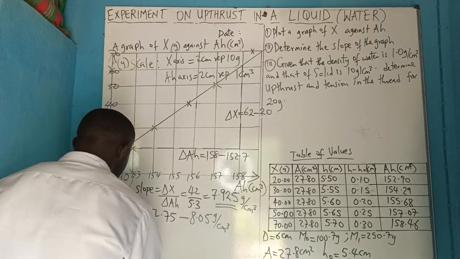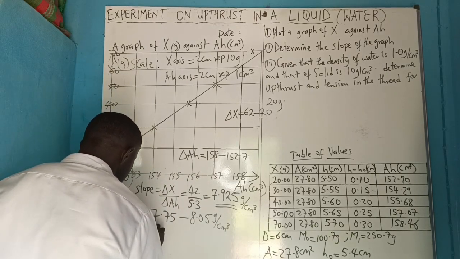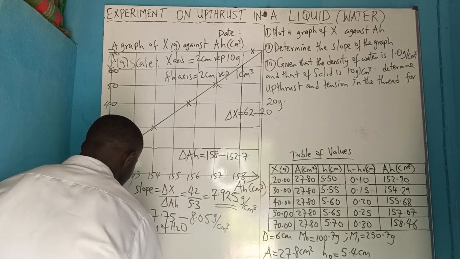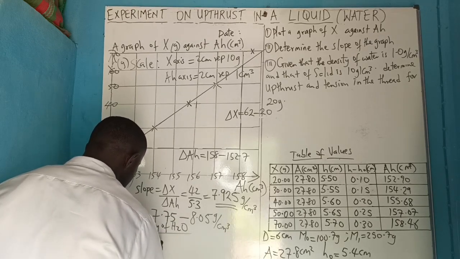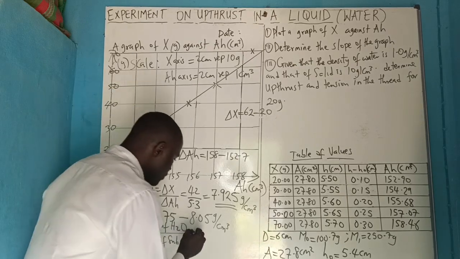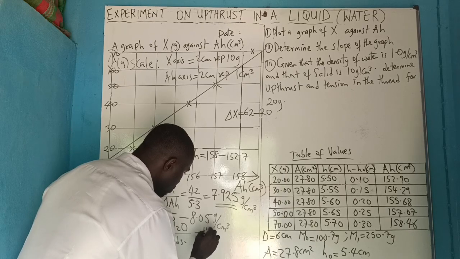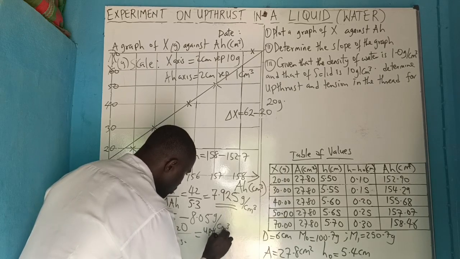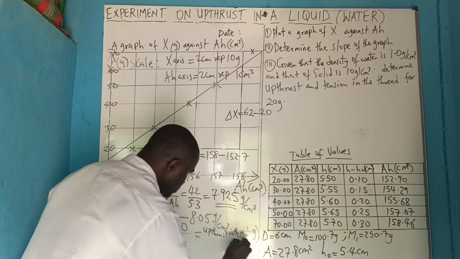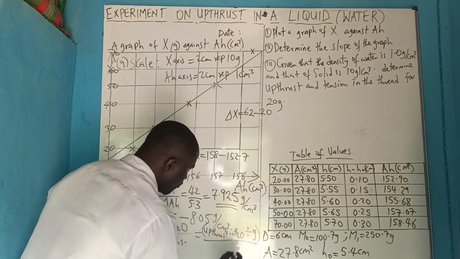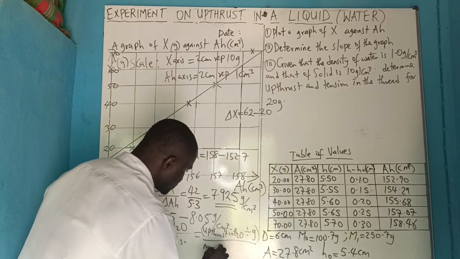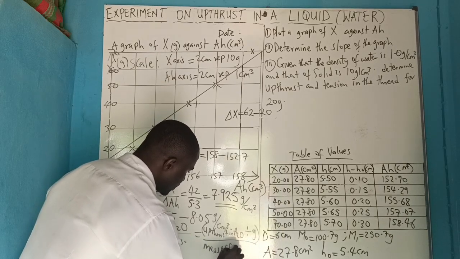One is that density of water all over density of the substance equals upthrust in water divided by G, all over mass of the substance in air.